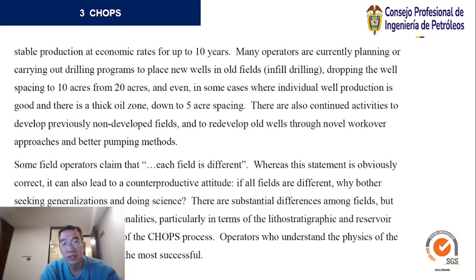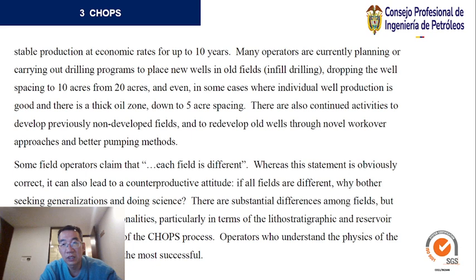Many operators are currently planning or carrying out drilling programs to place new wells in old fields, dropping the well spacing to 10 acres from 20 acres, and even in some cases, where individual well production is good and there is a thick oil zone, down to 5 acre spacing.